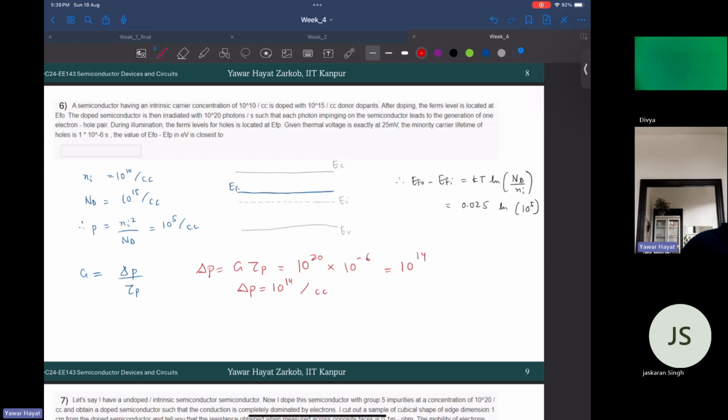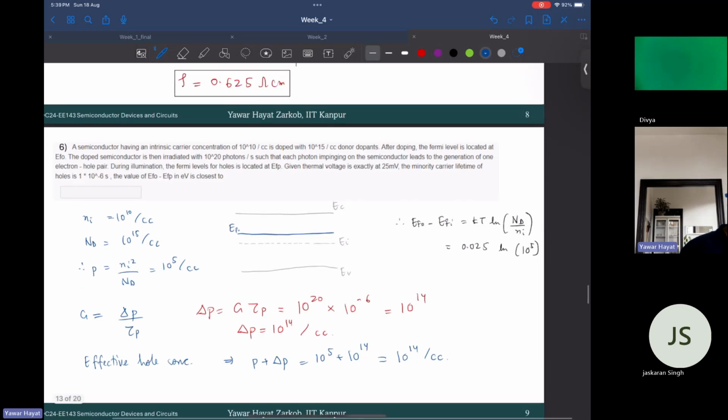Effective hole concentration, that is P plus delta P, and that is 10 to the power 5 plus 10 to the power 14, which is 10 to the power 14 per centimeter cube.